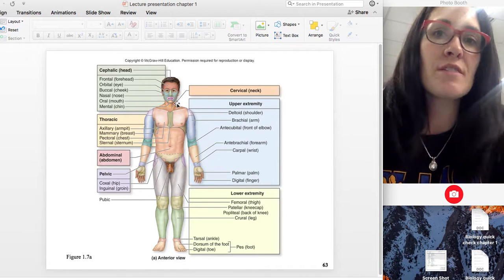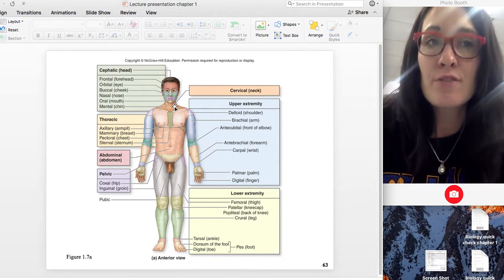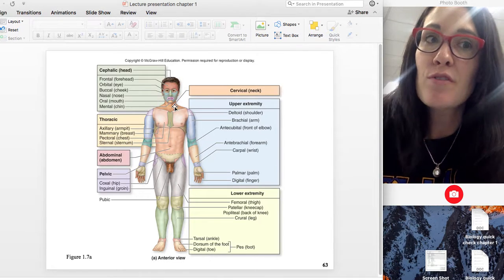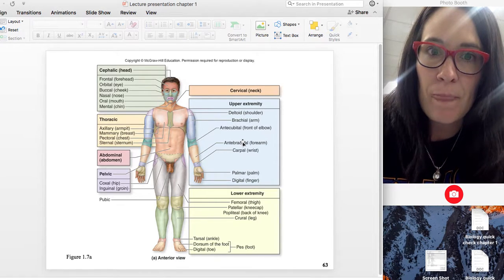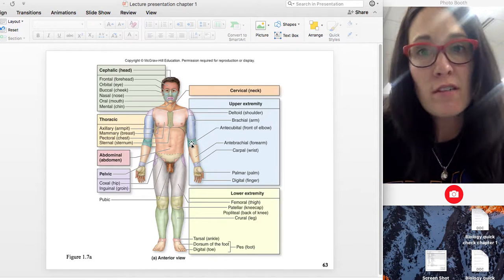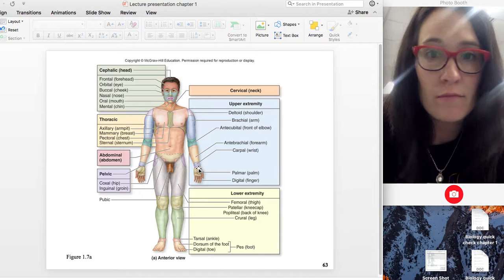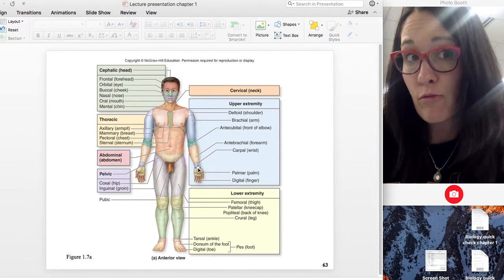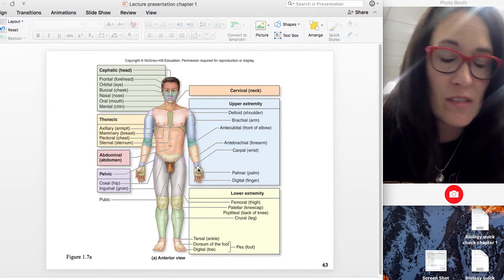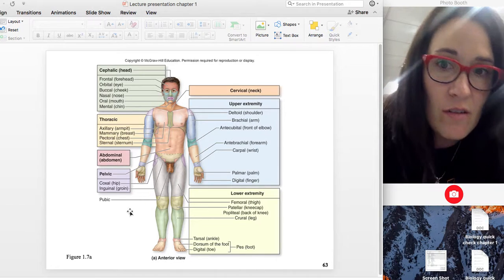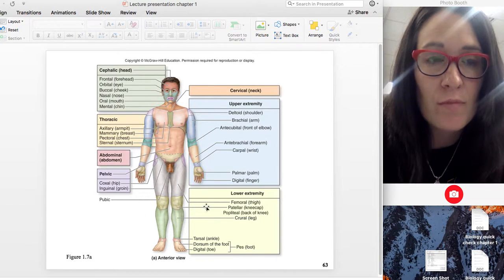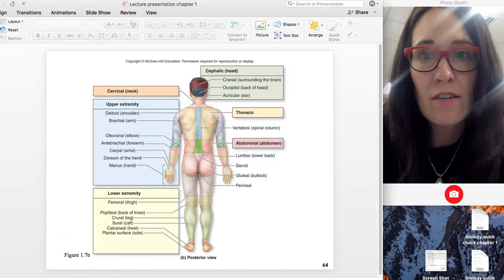In the cervical region, your neck contains your cervical vertebrae. It's also where your cervical lymph nodes are located. Antecubital is the front of the elbow. Antebrachial is your forearm. Your carpals are the bones in the wrist, okay? So you need to know all these regional terms and what part of the body they're referring to.